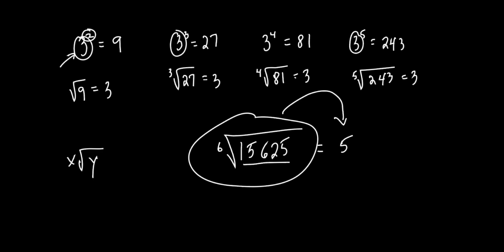Let's go back and try it again. Do you hit the 15,625 first, or the 6 root first, or go to math first? Go to math first, then you hit 5, and then click the arrows to go back to the X. So you hit a 6 right there. Mine's different then.